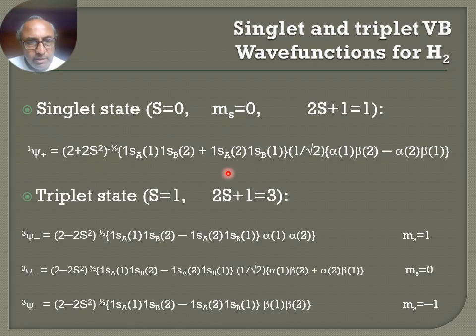Whereas the triplet state, S equal to 1, 2S plus 1 equal to 3, is given by the antisymmetric combination of the orbitals with one of the three symmetric combinations of the spins: alpha 1 alpha 2 for Ms equal to 1, alpha 1 beta 2 plus alpha 2 beta 1 for Ms equal to 0, and beta 1 beta 2 for Ms equal to minus 1.